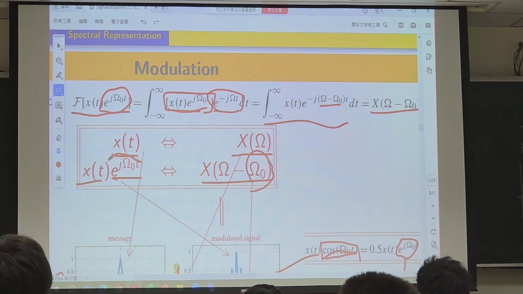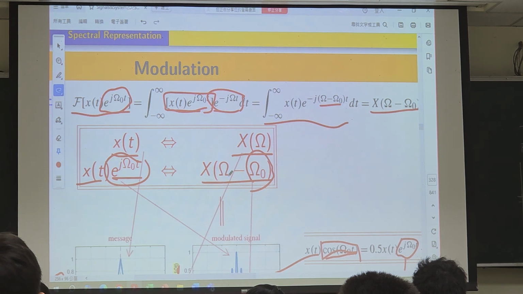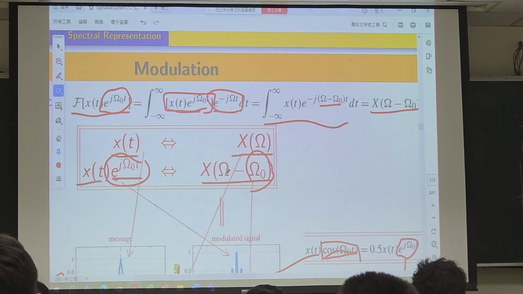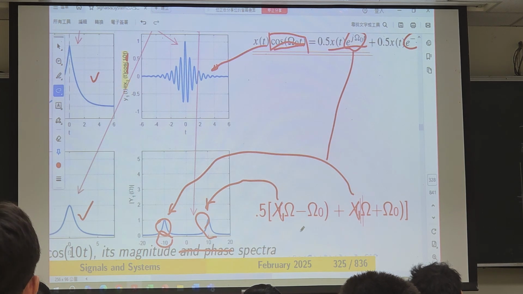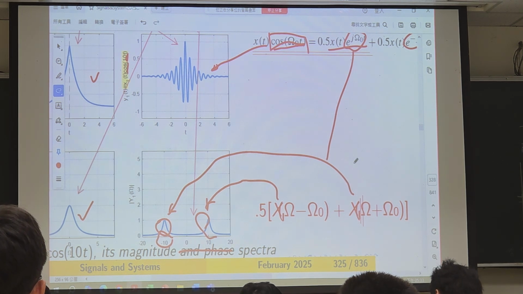If you multiply the original signal x of t by e to the j omega sub 0 t, then in the frequency domain you will have a shift, the same omega sub 0 radian per second. So this will give you a 10 radian per second shift. This will give you this one.